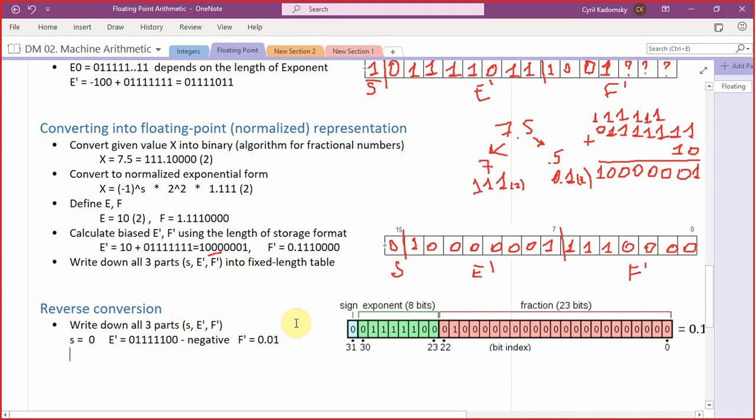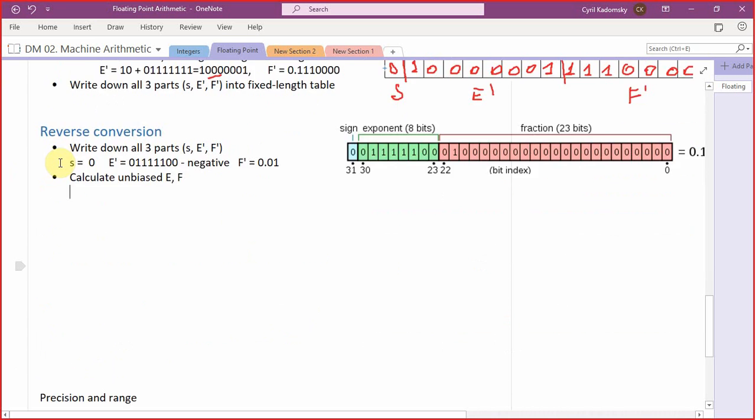Okay, next step is to calculate the unbiased exponent and fraction. Well, very easy. Calculate unbiased E and F. We know how those are obtained, so we can calculate back.